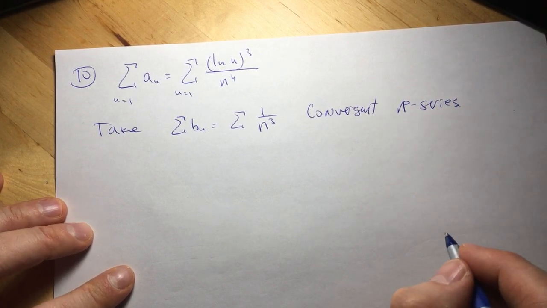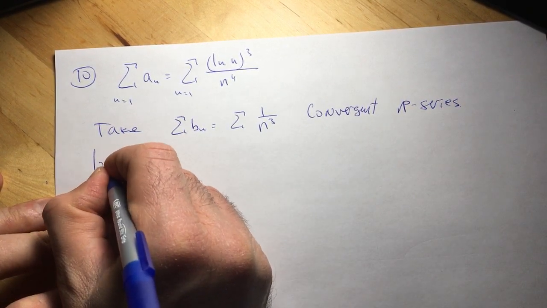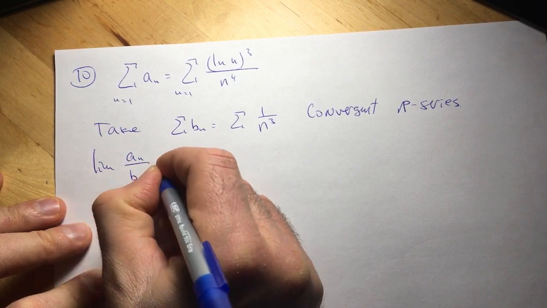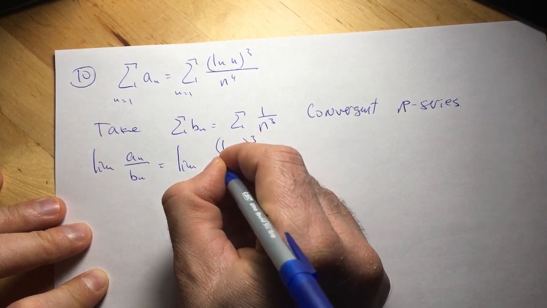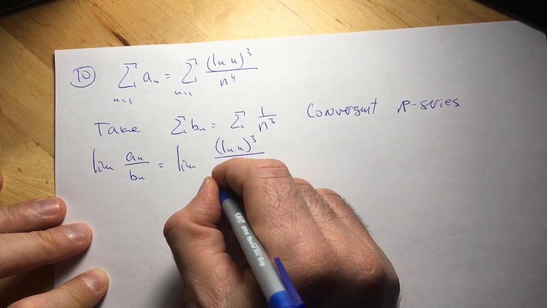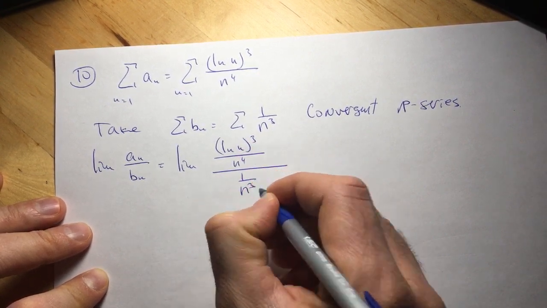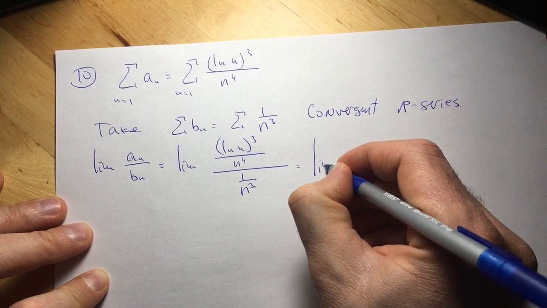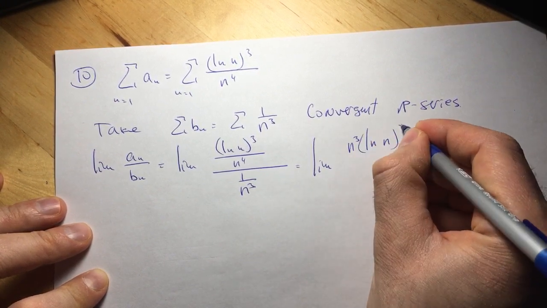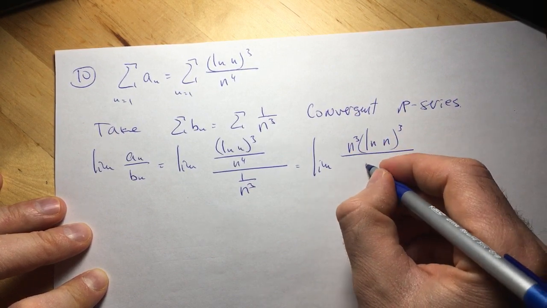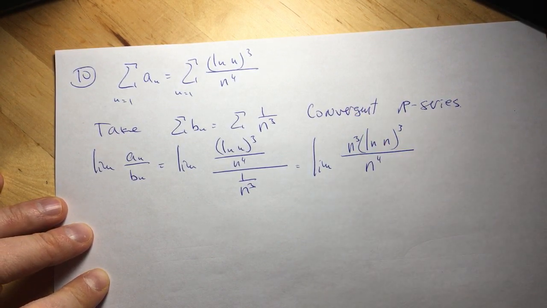Okay, but now the limit of an over bn is equal to the limit of ln of n cubed over n to the power of 4 over 1 over n cubed. That's equal to the limit of n cubed times ln of n to the power of 3 over n to the power of 4.